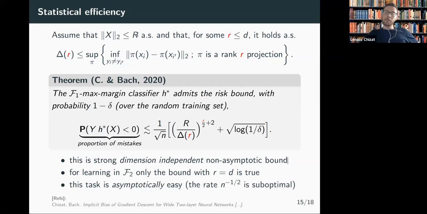In brief, this means that there is some low dimensional structure in our classification task, and the quantity R divided by delta of r will quantify how hard our problem is, and the larger it is, the harder our problem.